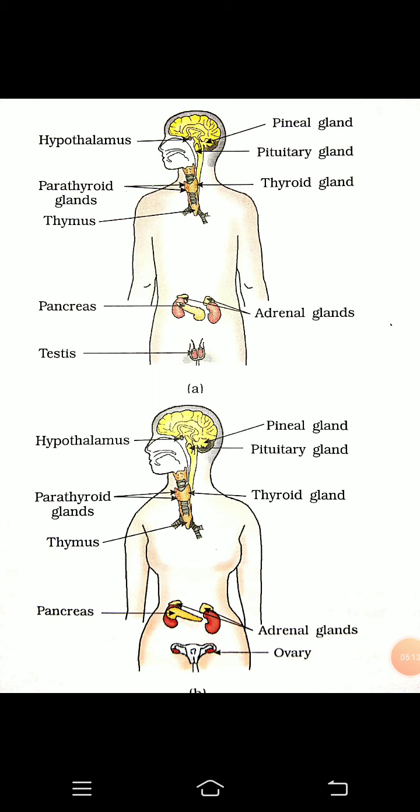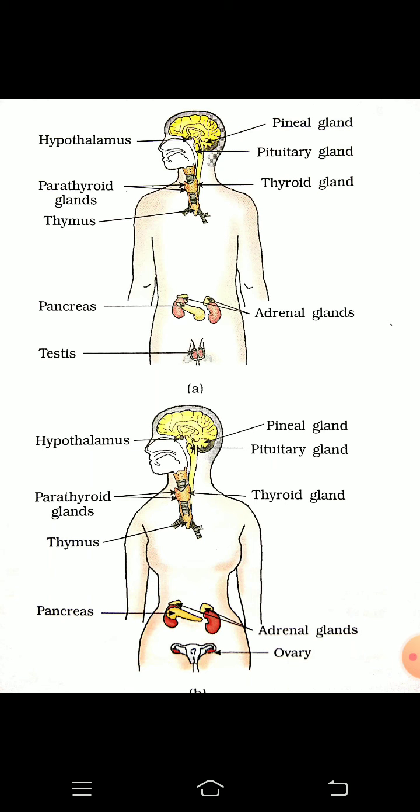You must have noticed many dramatic changes in your appearance, as well as that of your friends as you have approached this age. These changes are associated with puberty. This we have learned in standard 8, puberty and adolescence.